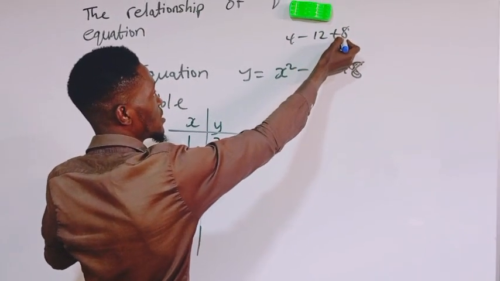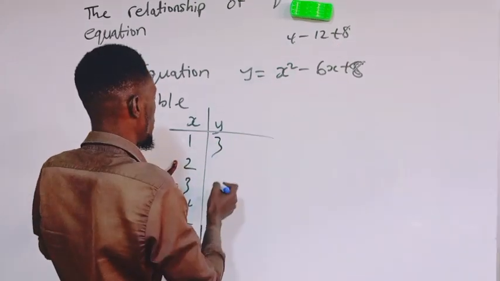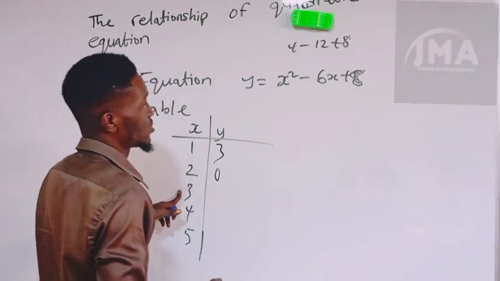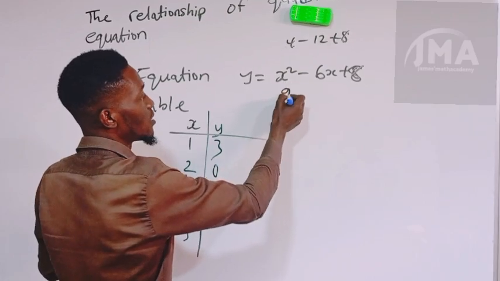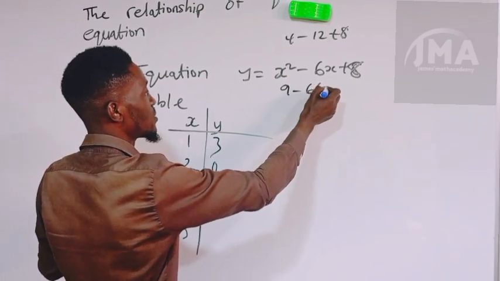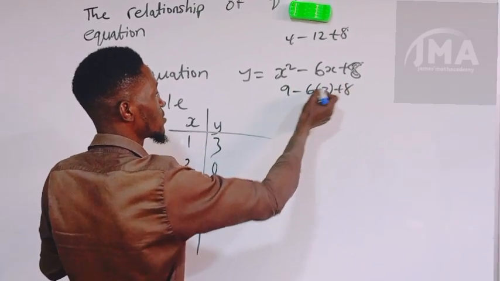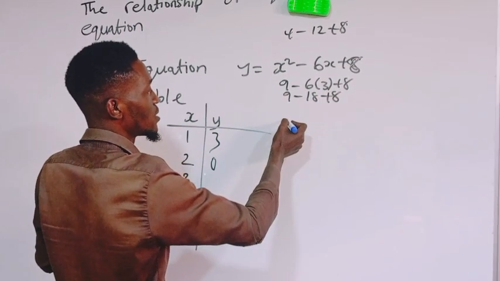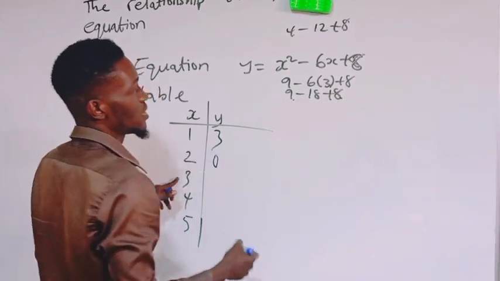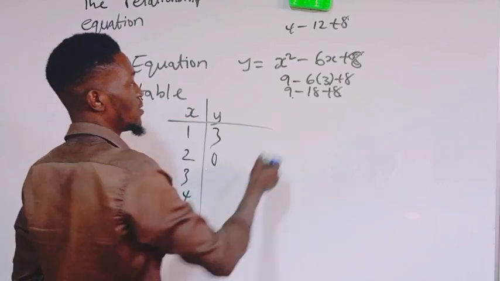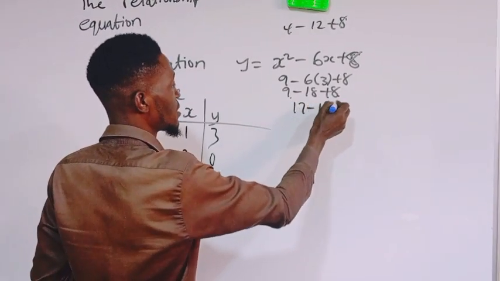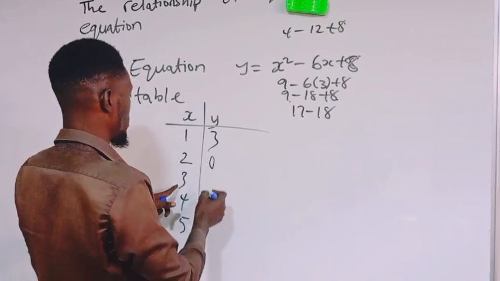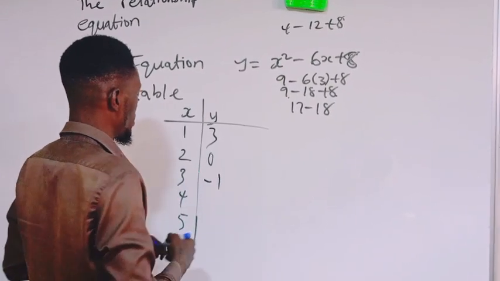So 4 plus 8 is 12, and 12 minus 12 is 0. If we substitute 3, it's going to be 9 minus 6 times 3 plus 8. So this is 9 minus 18 plus 8. 9 plus 8 is 17, and 17 minus 18 is minus 1.